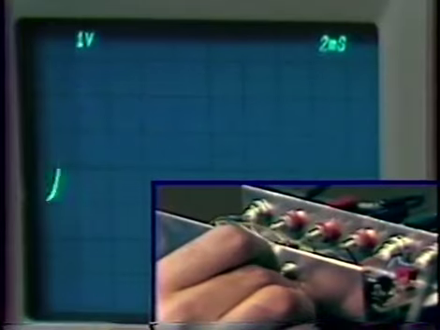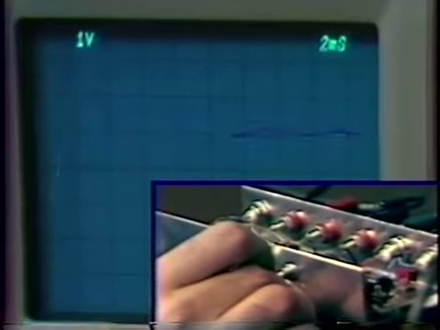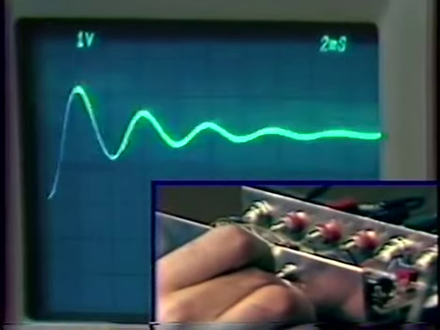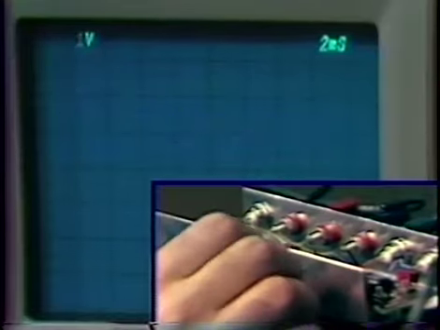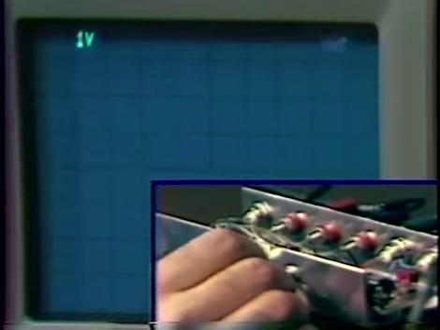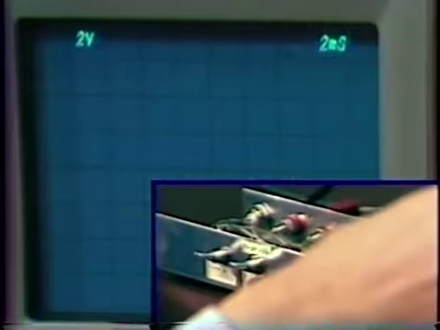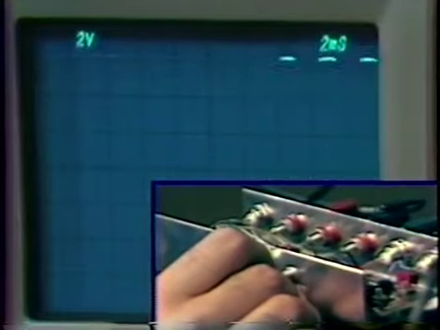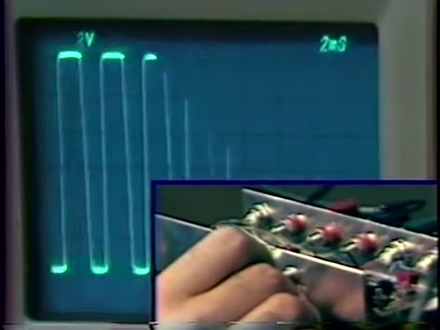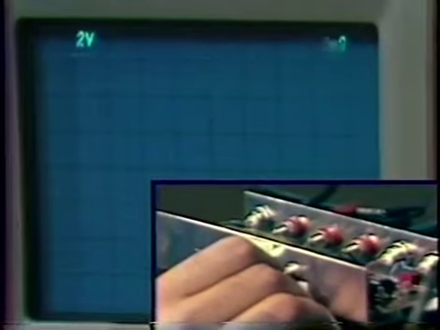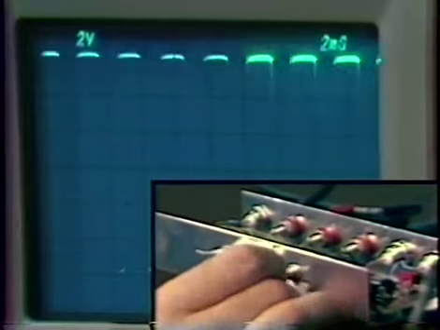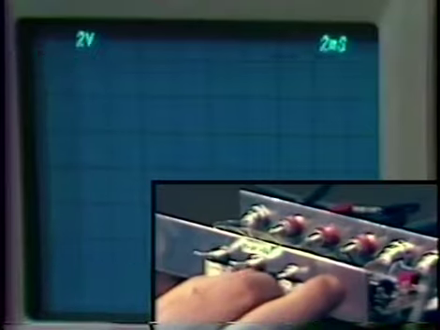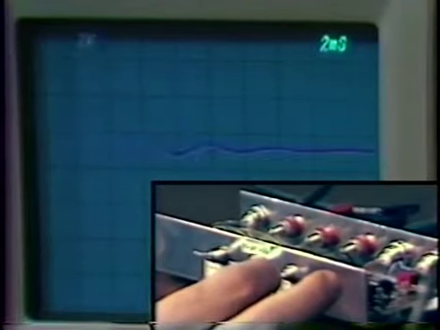Let's try to go to the higher value for A naught, something like 80, where the system should once again be stable. And let's say all of a sudden we find out we have some problems. System's broken into oscillation. We're now in the region where crossover occurs with negative phase margin. But unfortunately, we can't recover. I can turn the A naught pot. Here we start out low A naught, we're all right.